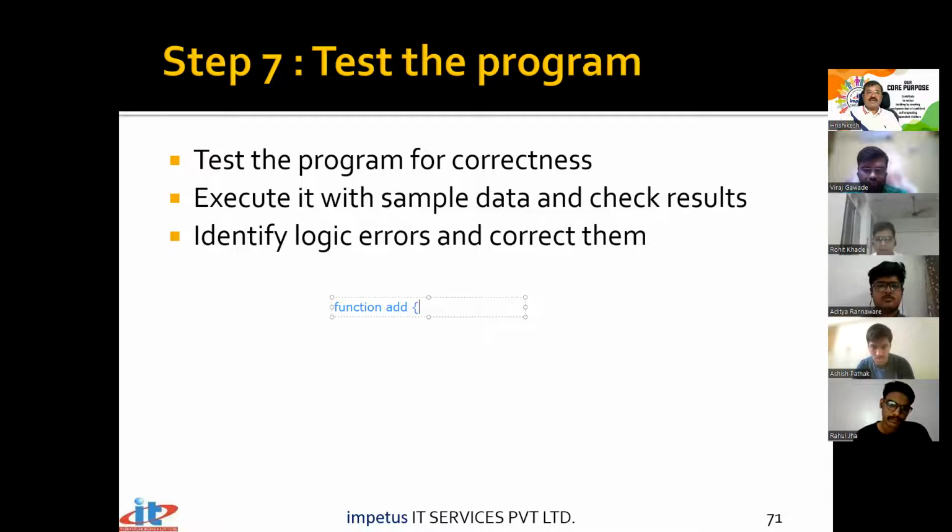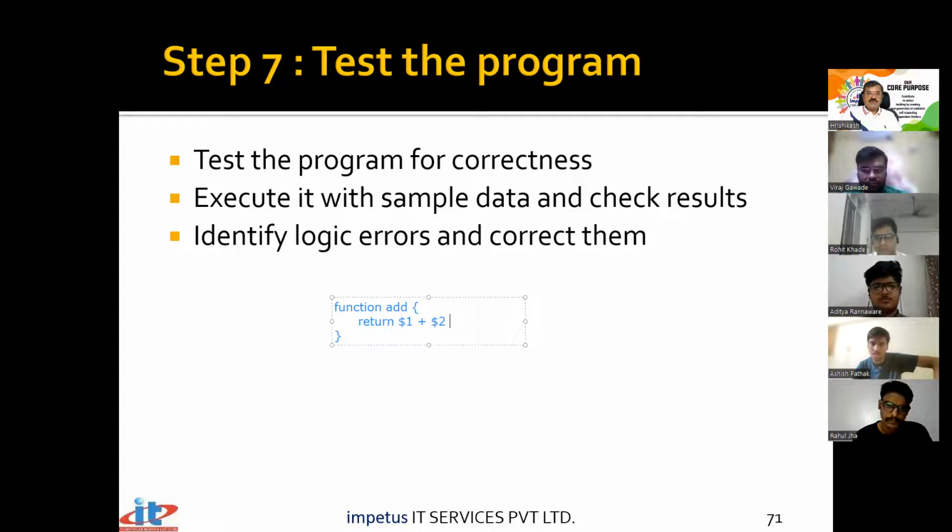Suppose we are writing a shell script. So we say function add, and whatever parameters we pass, that will return. So I will say return $1 plus $2, yes or no? Echo. Yes, sir.